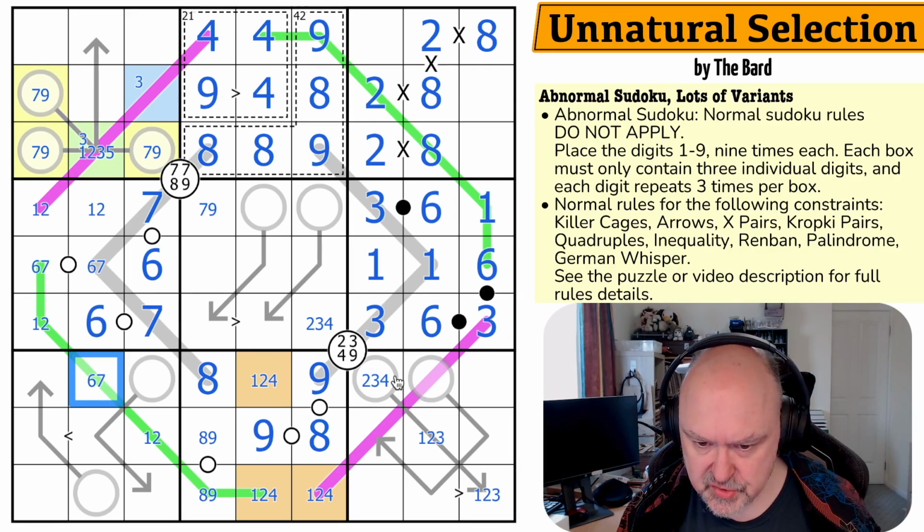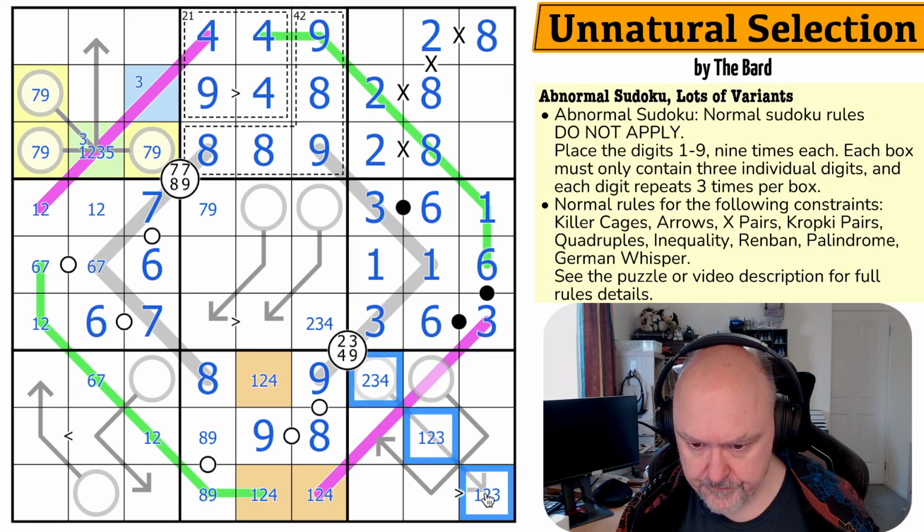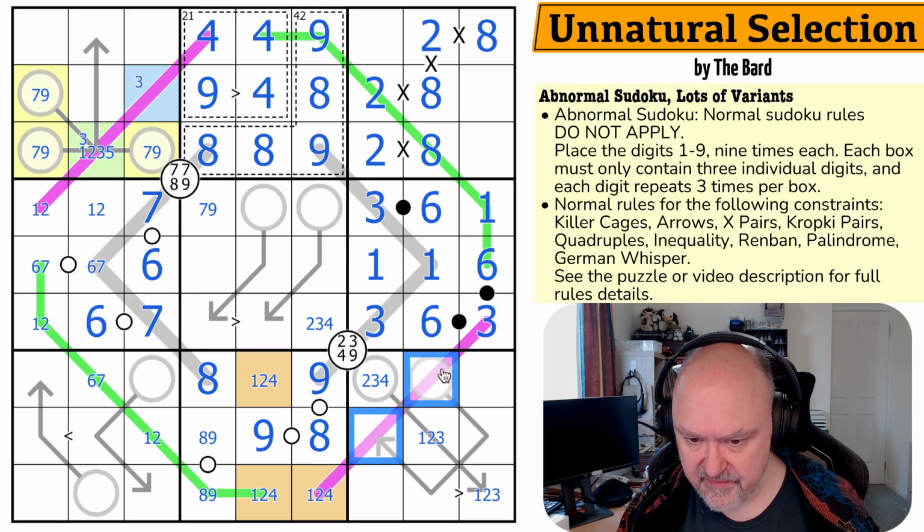If this is 3, 1, 2, these would have to be 1, 2. And that would be a 4. If this is a 1, these are 2 and 4.